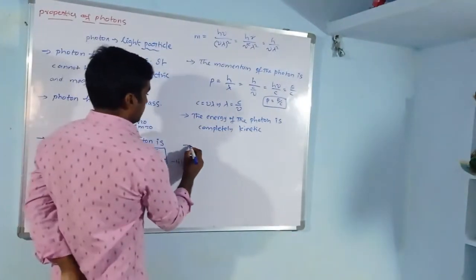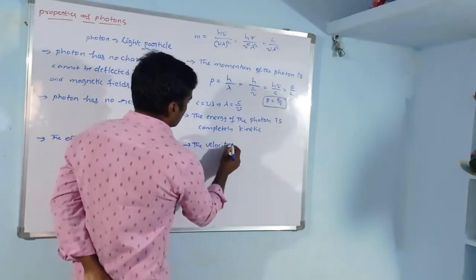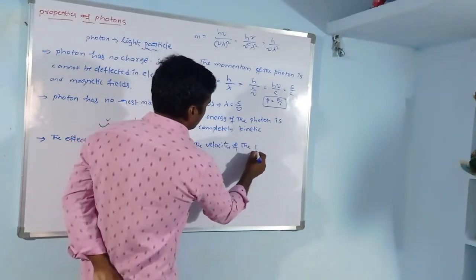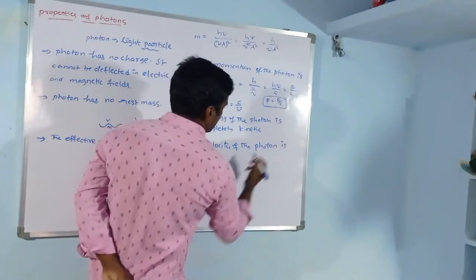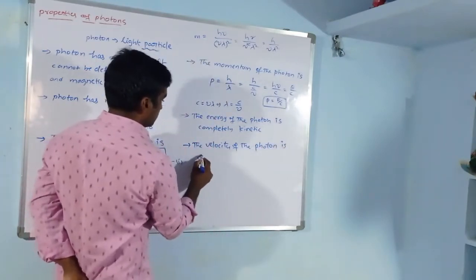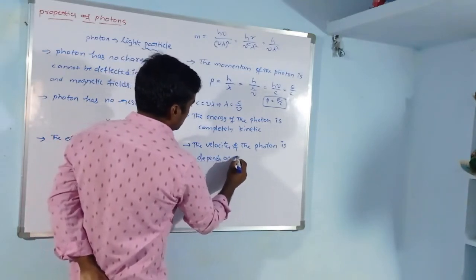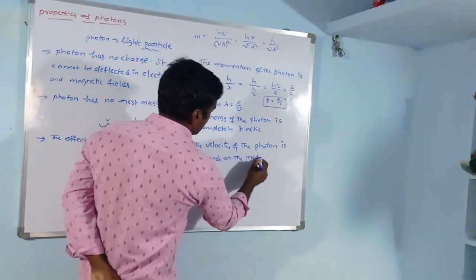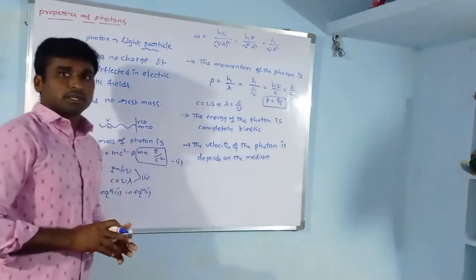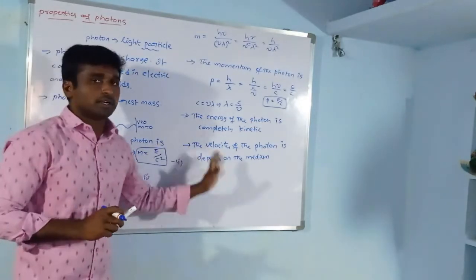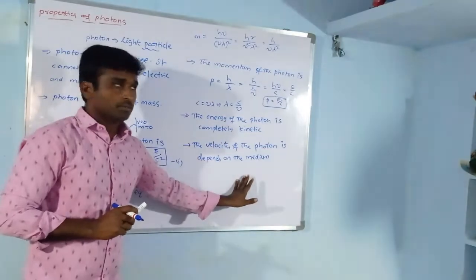Next, the velocity of the photon depends upon the nature of the medium. It changes from medium to medium, so that's why the velocity of the photon depends upon the medium.